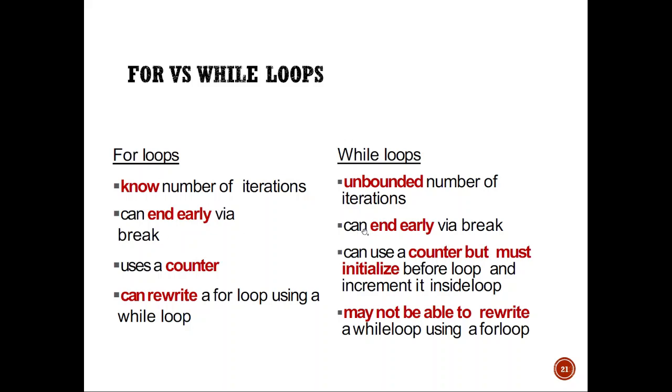This is also applicable for while loops. In for loops, we usually use a counter. In while loops, we can use counters, but we typically don't. But it needs to be initialized before the loop and incremented inside the loop.